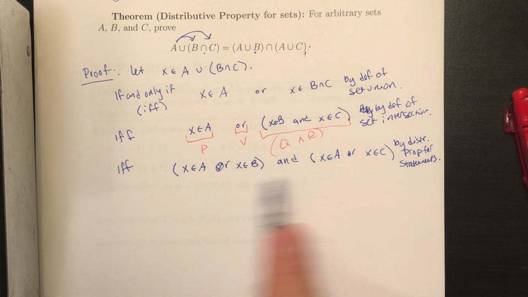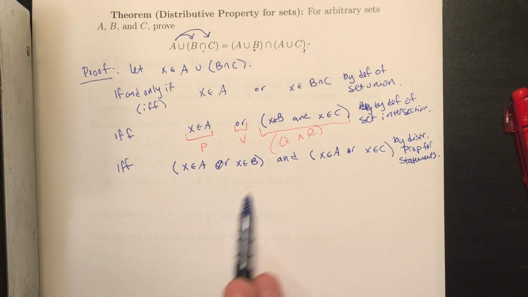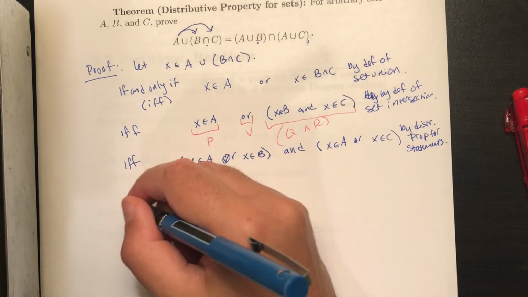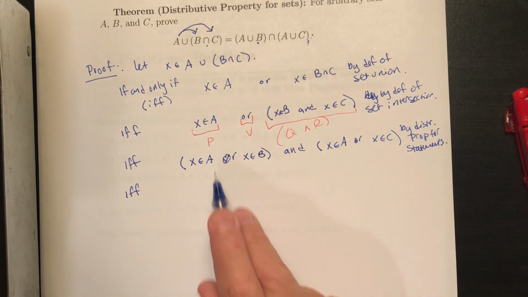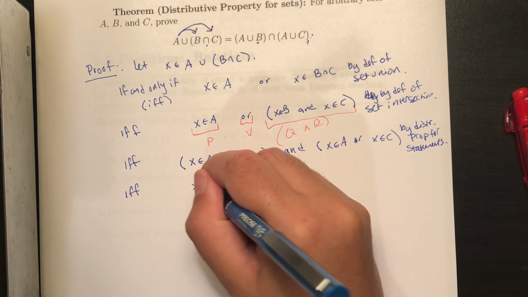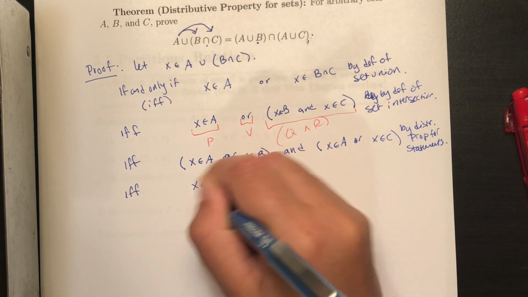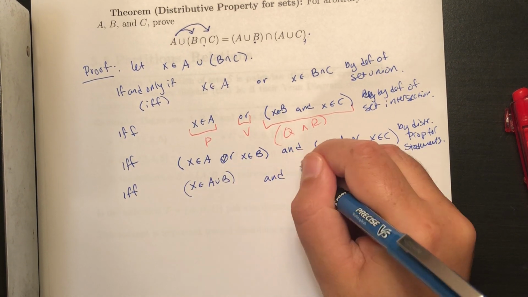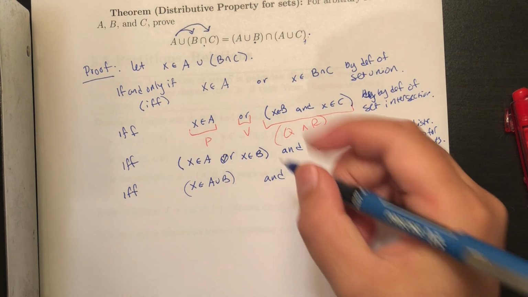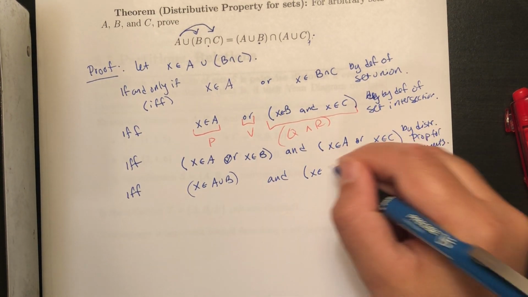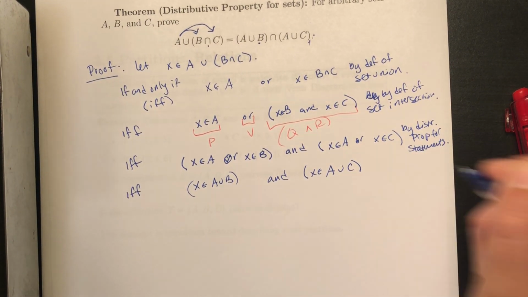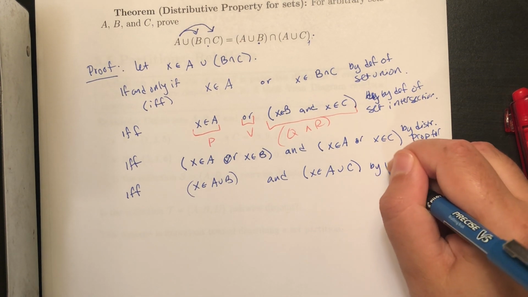Now that I have this, I'm basically done, right? Because for X to be in A or X to be in B, that means it's in the union of A and B. And for X to be in A or X to be in C means X is an element of A union C. This is, again, by definition of union.